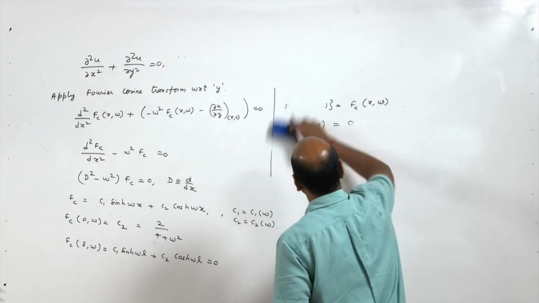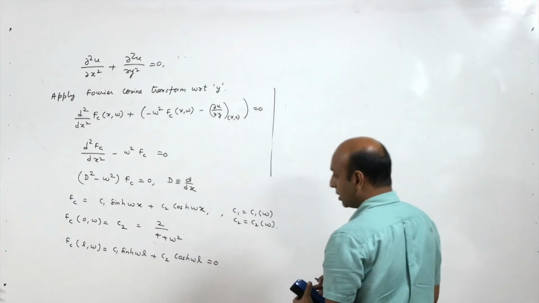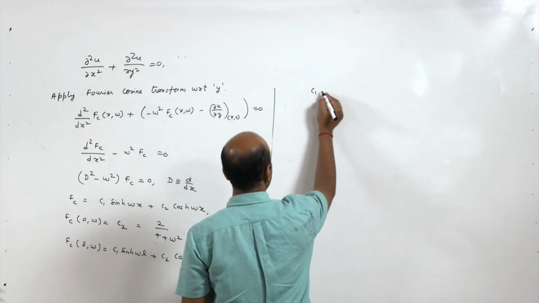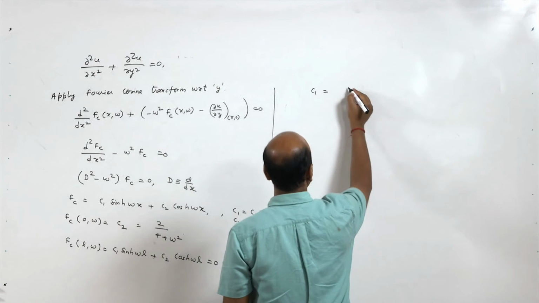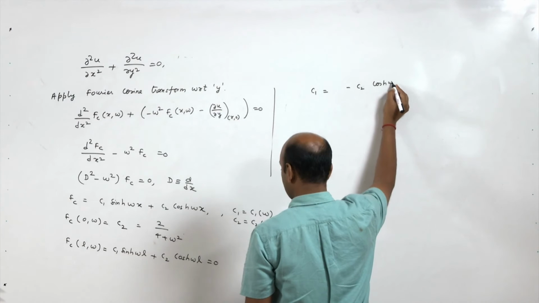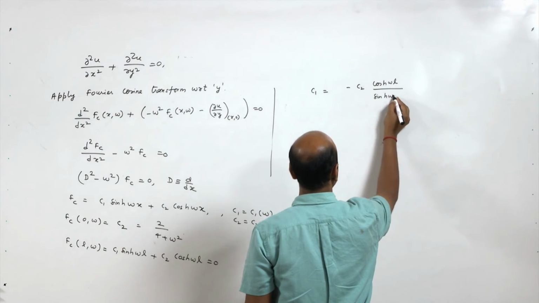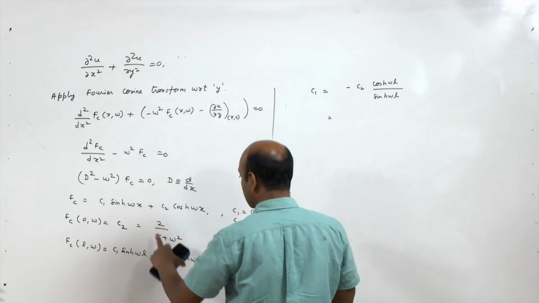Now, we know c2, so c1 can be found. What will be c1? c1 will be minus c2 cosh omega L upon sinh omega L, and c2 is this term.